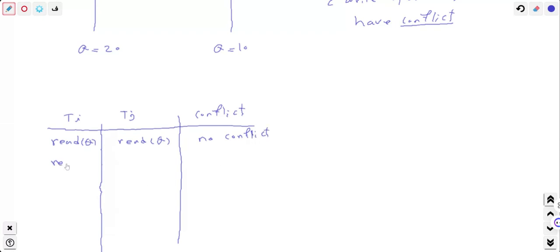If TI wants to read Q and TJ wants to write Q, we have conflict.